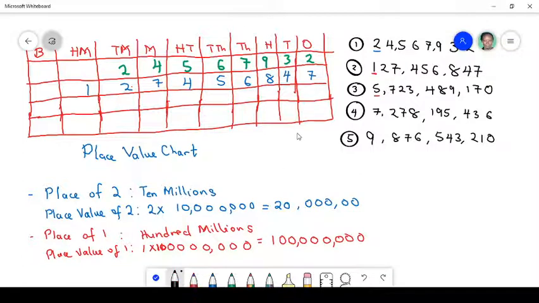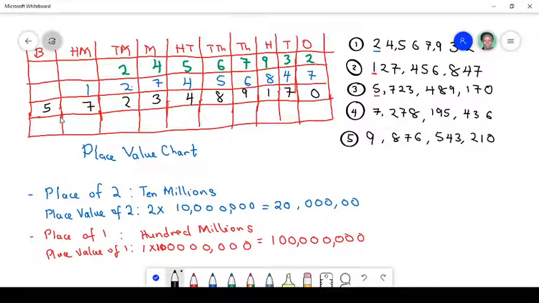You realize that we have 0, 7, 1, 9, 8, 4, 3, 2, 7, then 5.